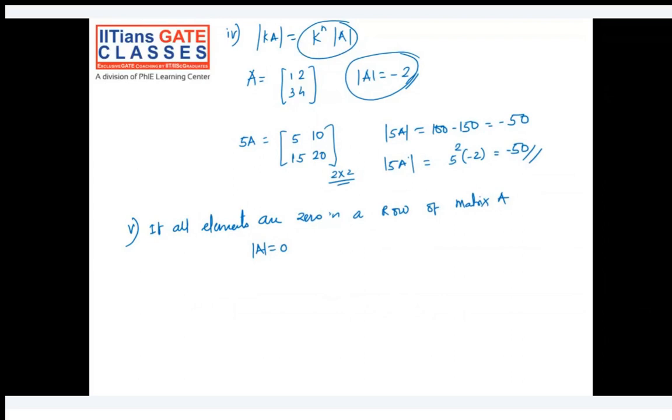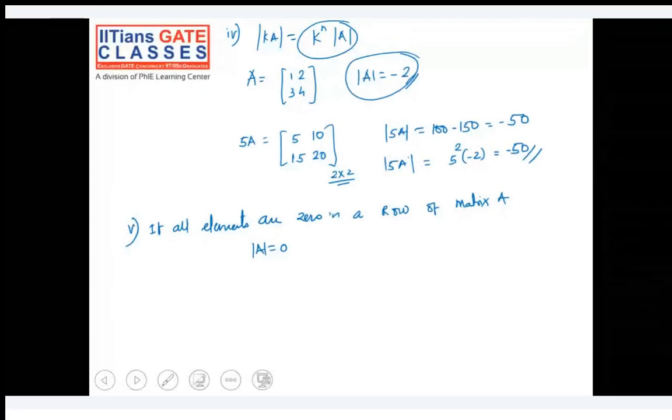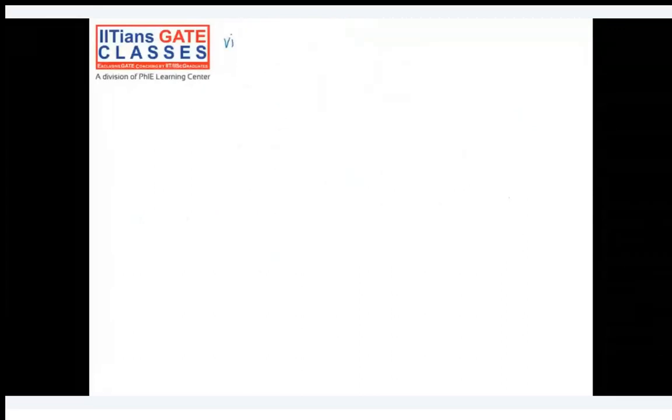The next property is, let me just go to the next slide. If I am performing a row operation, where the ith row I am modifying as the ith row plus k times the jth row, or if I am performing a column operation, the ith column I am writing as the ith column plus k times the jth column.